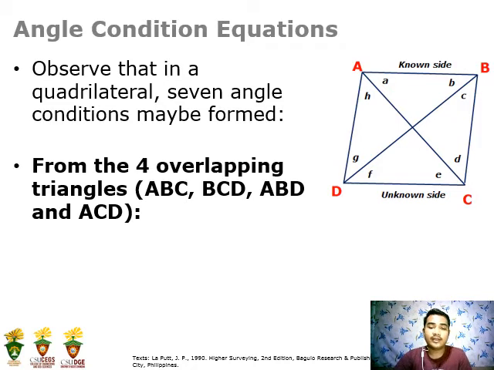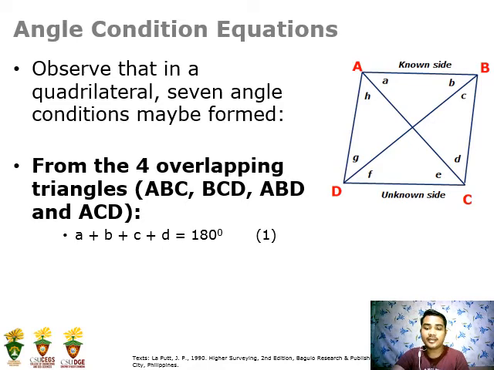Observe that in the quadrilateral, there are 7 angle conditions that may be formed. From the 4 overlapping triangles such as ABC, BCD, ABD and ACD, we can say that A plus B plus C plus D are equal to 180 degrees. So that's our equation 1.